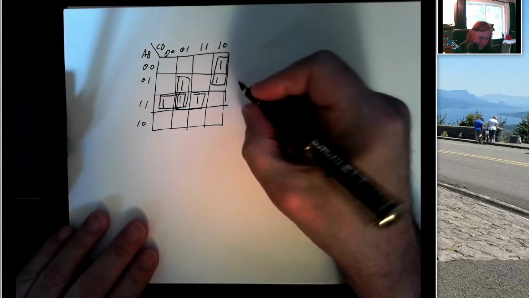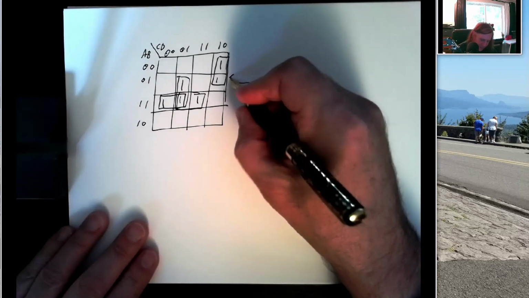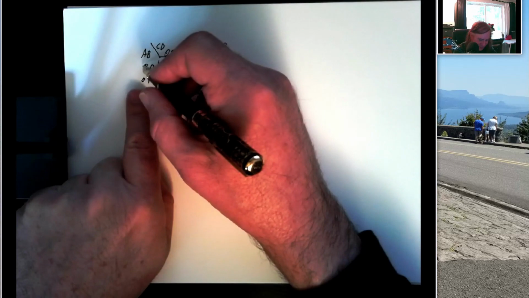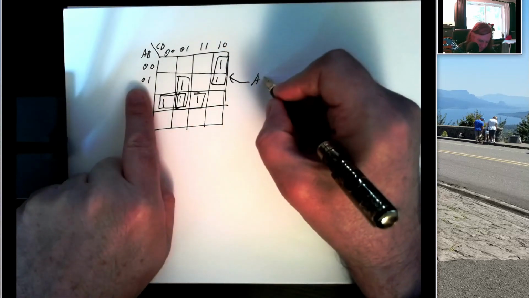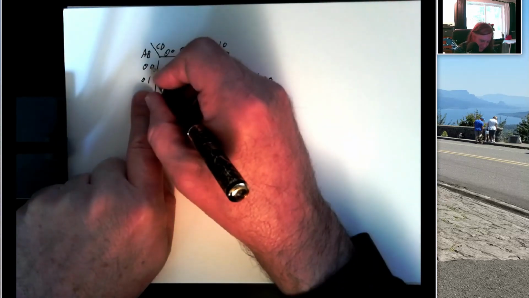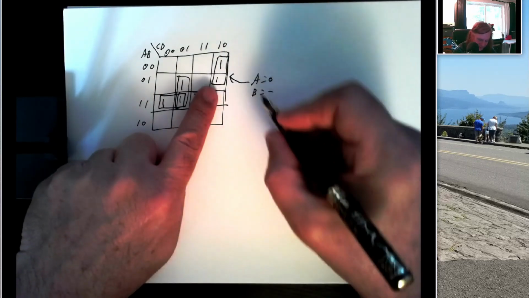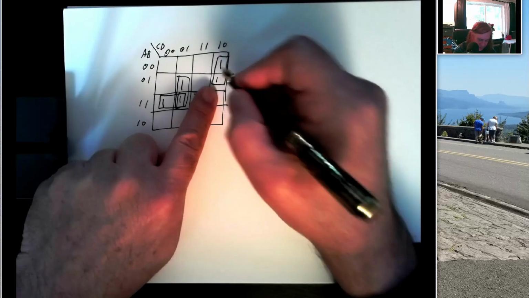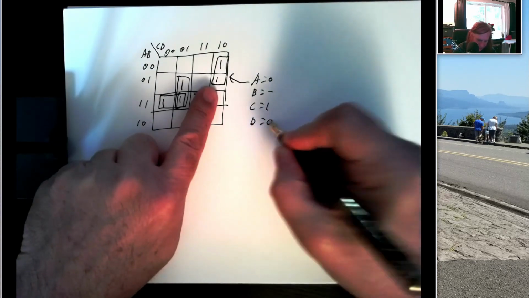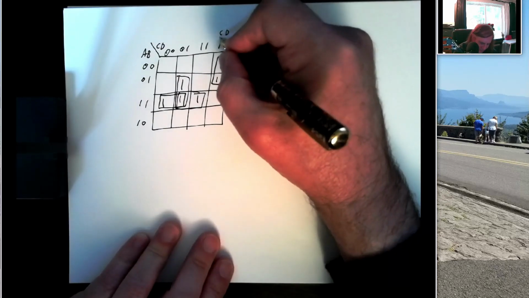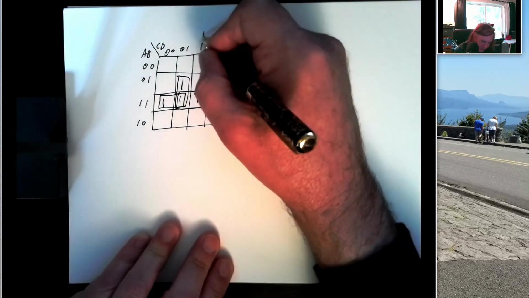So now we're ready to write equations. Let's look at this upper right 2 down 1 across rectangle. If we look at the value of A, it is equal to 0. The value of B could be a 0 or 1, so it's a don't care. The value of C is a 1, and the value of D is a 0. When I've written this, each of these, the first digit corresponds to C, the second to D. Here C is a 1, D is a 0.